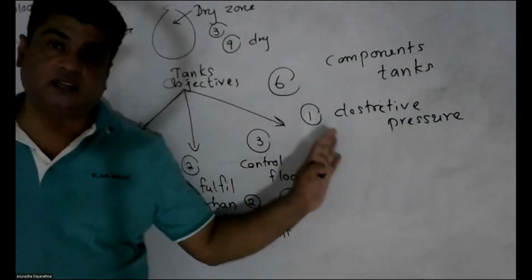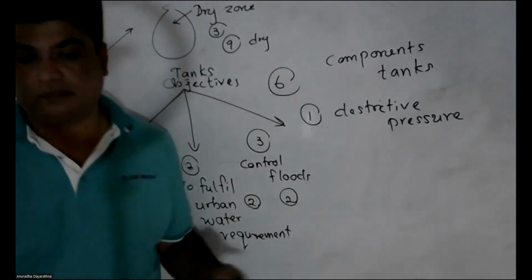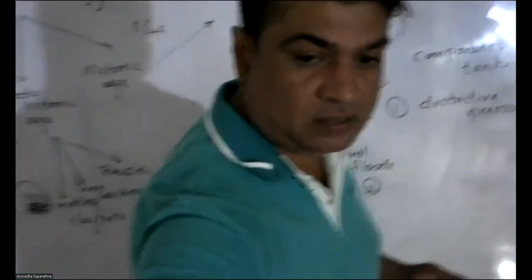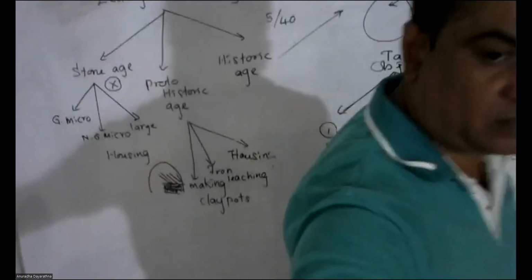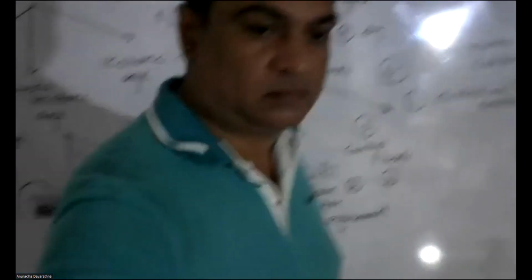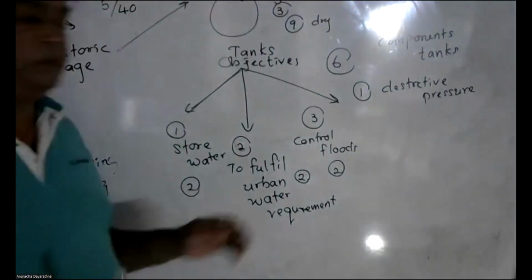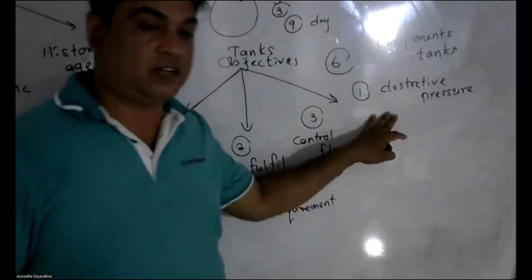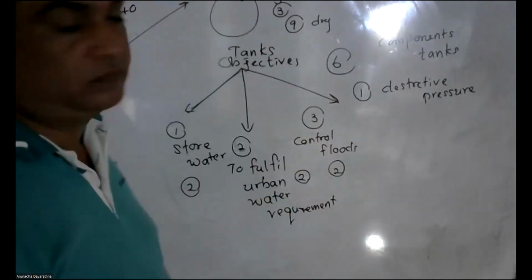How to control that destructive pressure and keep that water for a long time. So that means how to control this destructive pressure, control that pressure, and keep that water for a long time.